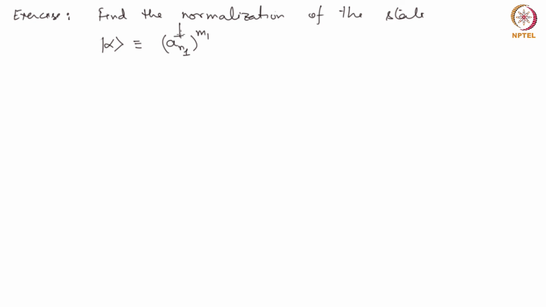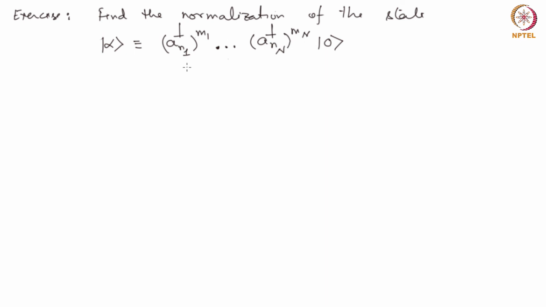But the definition of the state is this. So you have a_{n1} dagger m1 times. So you have a_{n1} dagger, a_{n1} dagger, a_{n1} dagger. It appears m1 times. And you have a_{nN} dagger, this thing appearing m_N times, and that's your vacuum. Okay. Now, of course, this is an eigenstate of the Hamiltonian, just as you saw before. Okay.